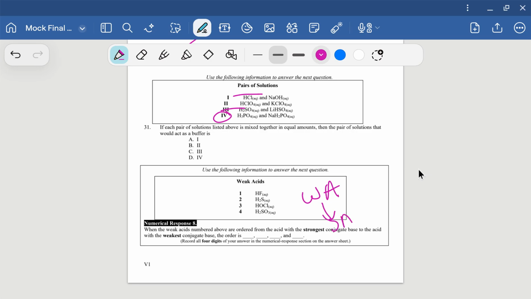That's how you'd want to order it, because that would have the strong, oh, wait a minute, that was right. That would have the strongest base to the weakest. So in the data booklet, your strongest acids are first, and then they go down, making the weaker acids. So paired with the weak acid is a stronger base, because as you go up, the bases get weaker. So that was what we would want to look at from that order.